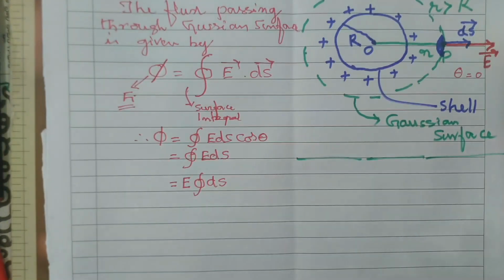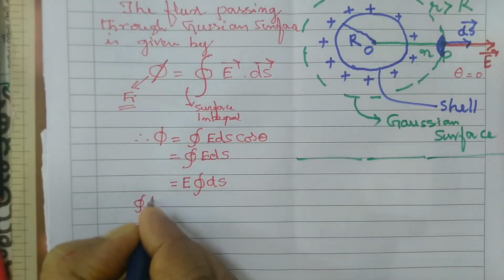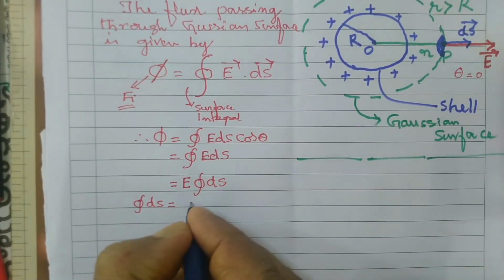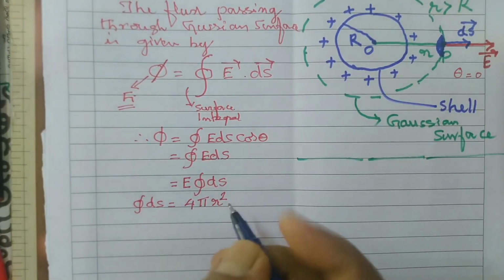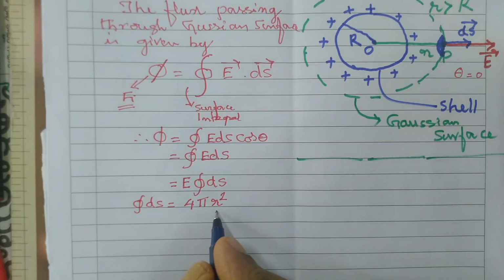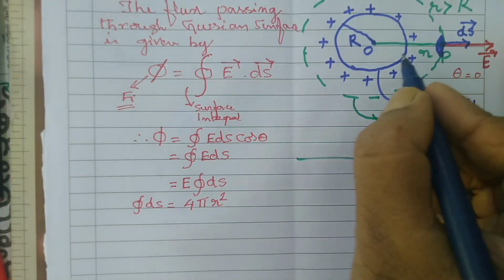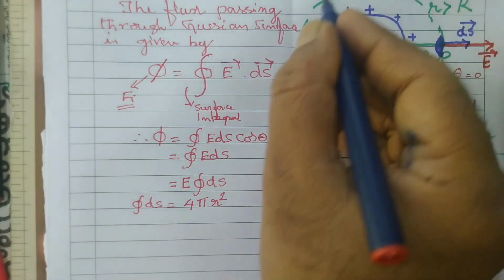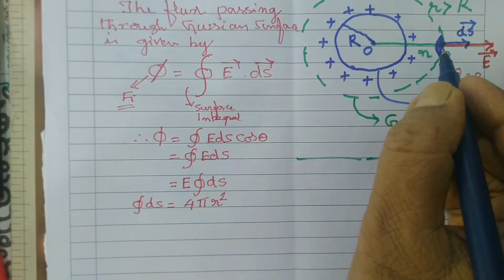By the diagram you can say that surface integral ds is equal to 4 pi r square. You must be very careful here. R square does not mean the sphere radius; you have to take the Gaussian surface radius, because we are talking about the radius of this one.